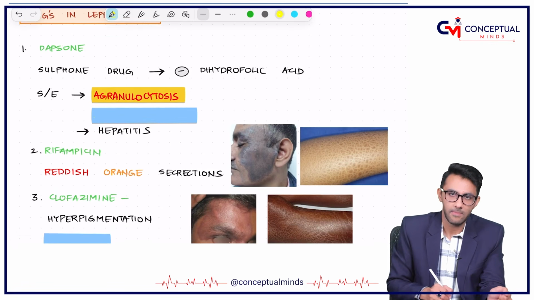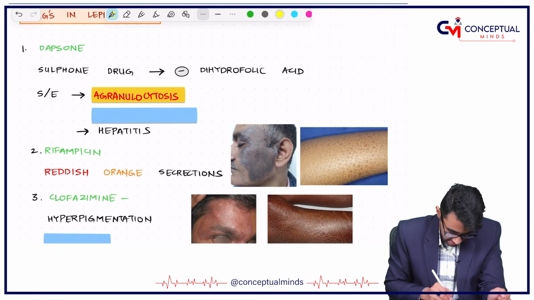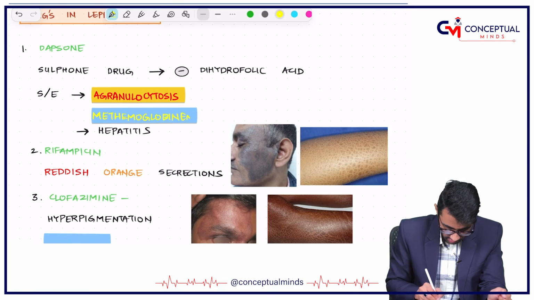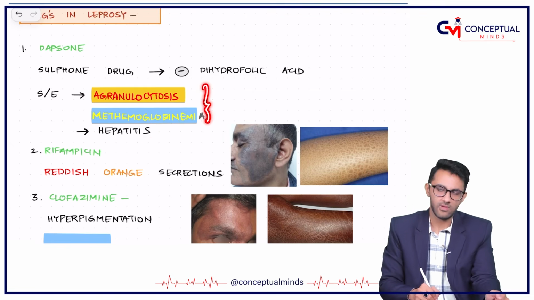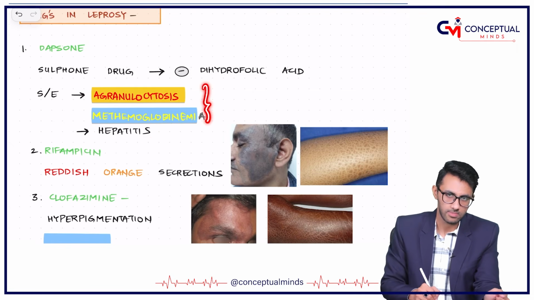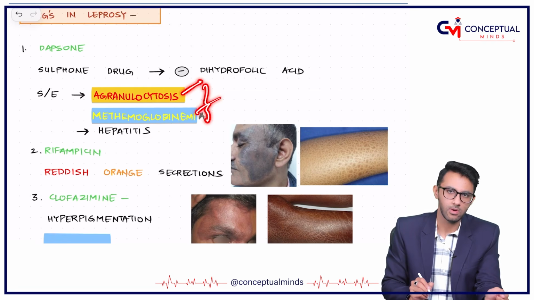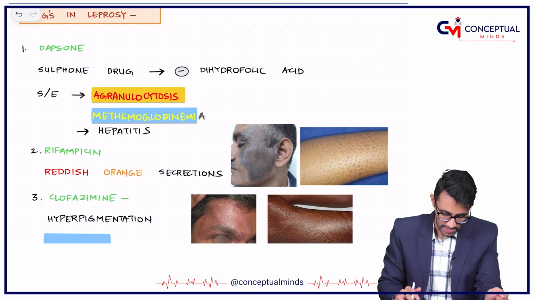We can have methemoglobinemia. And we'll have hepatitis. So a lot of hematological problems are there because of dapsone, that is agranulocytosis and methemoglobinemia. Okay, that is one thing.